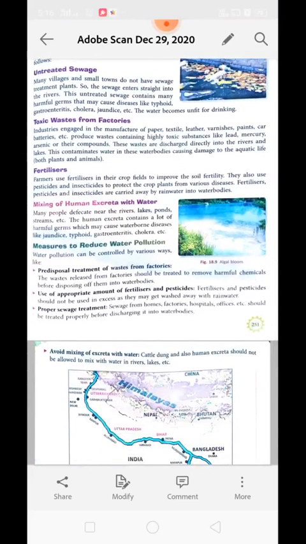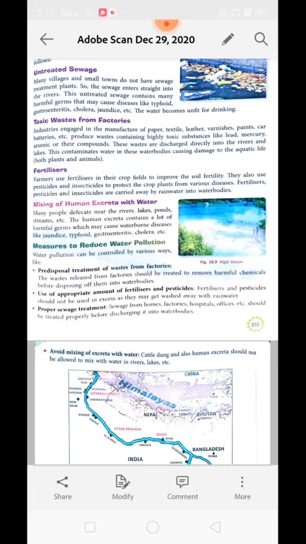Mainly industries in manufacturing of paper, textile, leather, varnish, paint, car, battery, etc. produce a large amount of toxic waste like lead, mercury, arsenic and their compounds. When this waste is discharged directly into a river or lake, it contaminates the water of the water bodies, and these pollutants will get into the body of aquatic organisms as well.